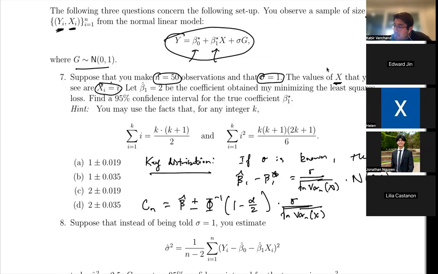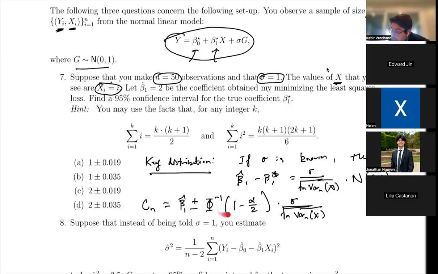Okay, now if we go through what we're given, we're given that beta hat 1 is equal to 2, so we know this quantity. We're given that sigma is equal to 1. We know n, it's 50. And we know alpha is 0.05, 1 minus 0.95.